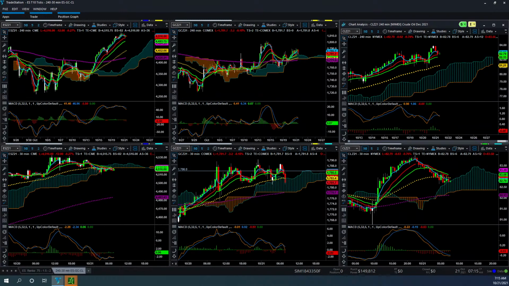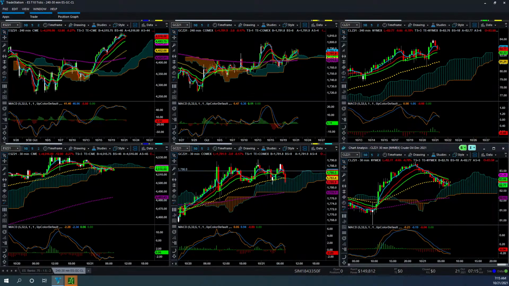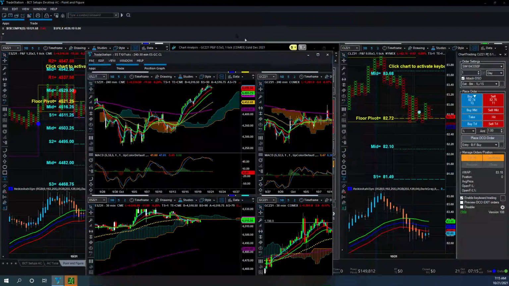On the 30 minutes, it's moving down. It's below some moving averages, and just above the cloud. So I would say this looks bearish. Momentum is bearish in both the 240 and the 30-minute charts.